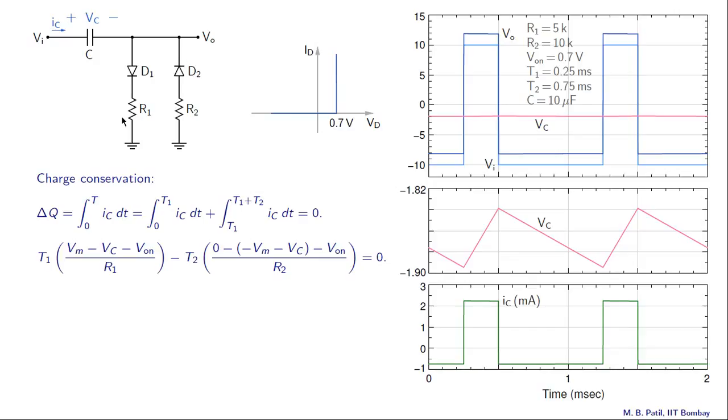That is our Ic. That is because the charging path is like that, and that is a constant, nearly a constant, because Vc is nearly a constant. Now, therefore the integral is simply that constant multiplied by T1. So that is what this term says.